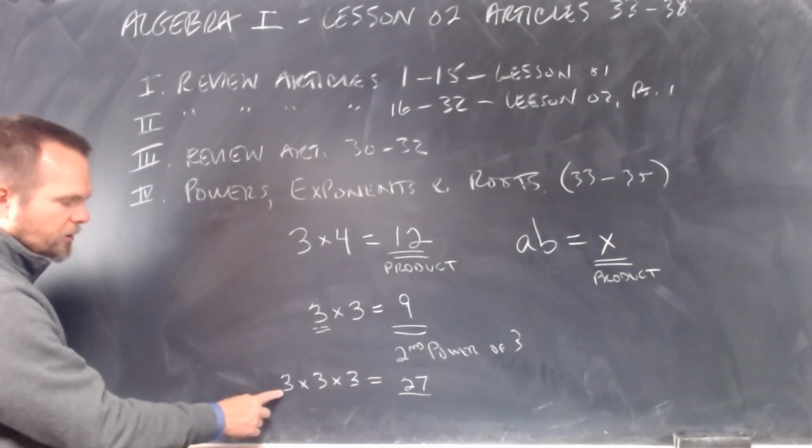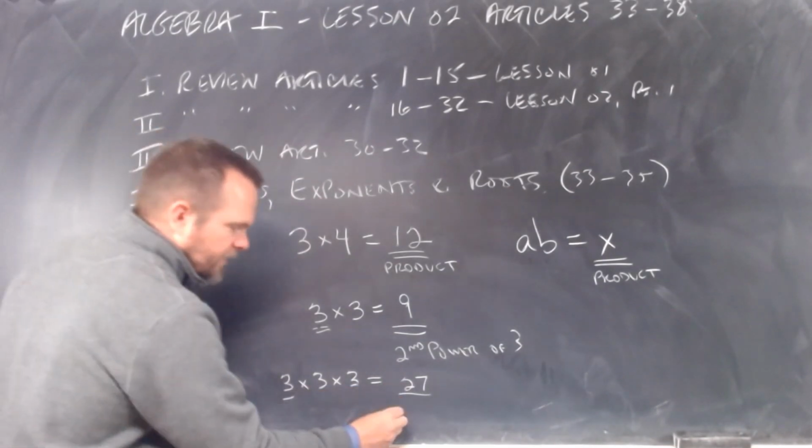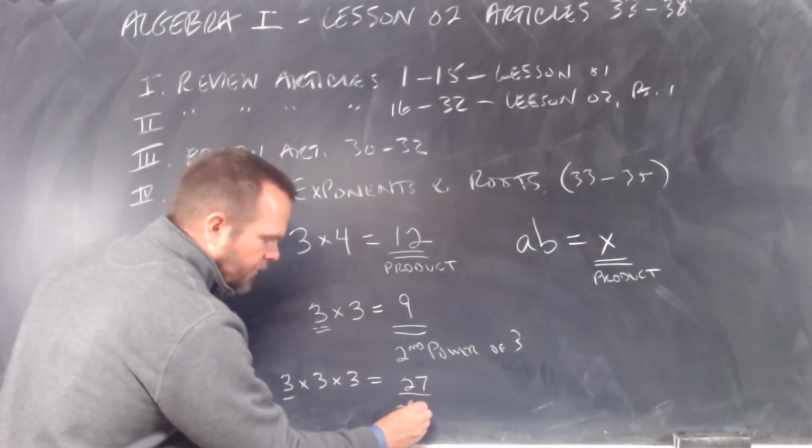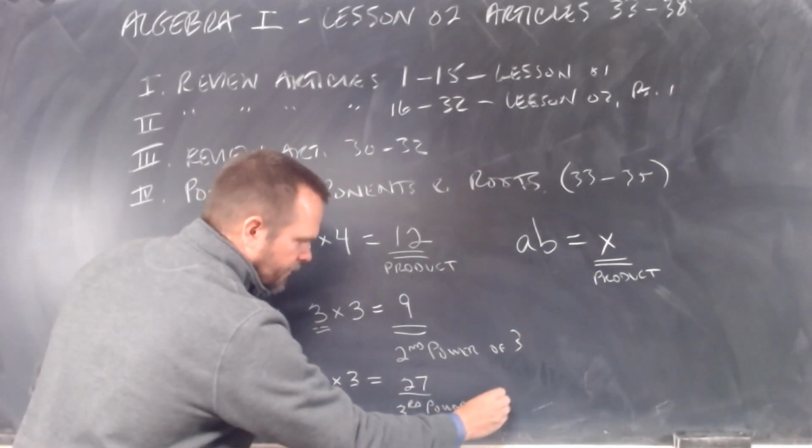But because I'm multiplying this quantity by itself, 27 is called the third power of 3.